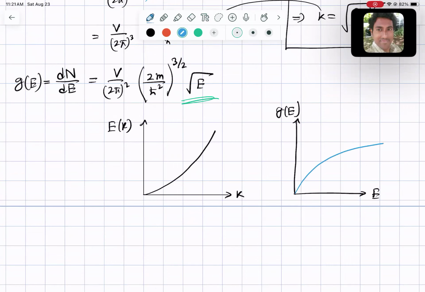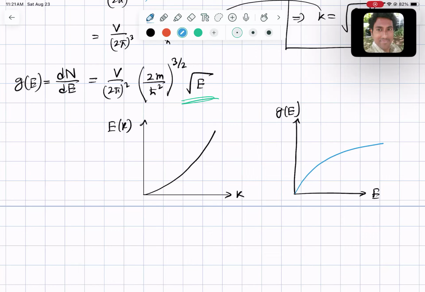For just one band. Is that the shape of square root of E? I keep forgetting. Let's check. Yes, that's how it looks.